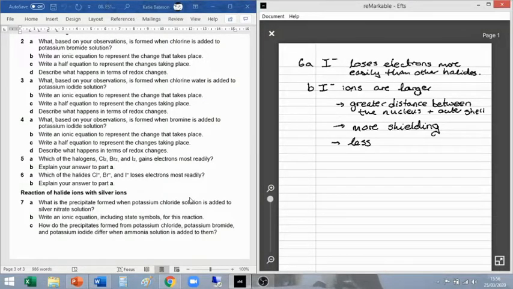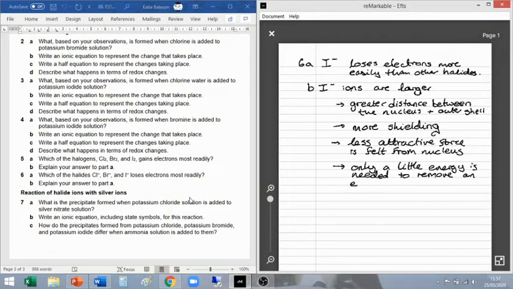So less attractive force is felt by the electrons from the nucleus, and therefore those electrons on the outside, they are not as tightly held. Therefore it only requires a little bit of energy to remove the outer electron.